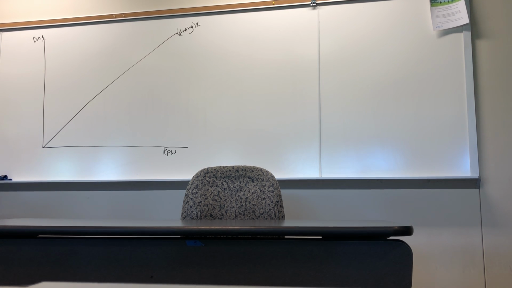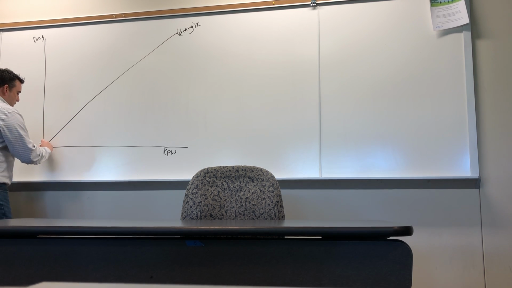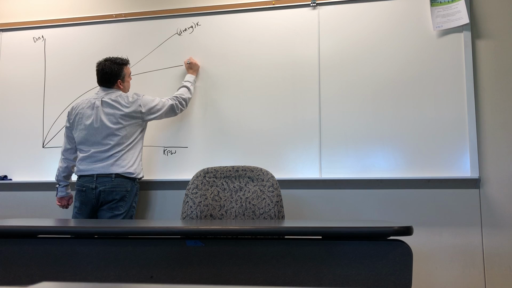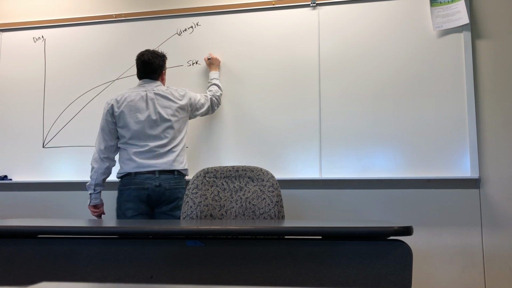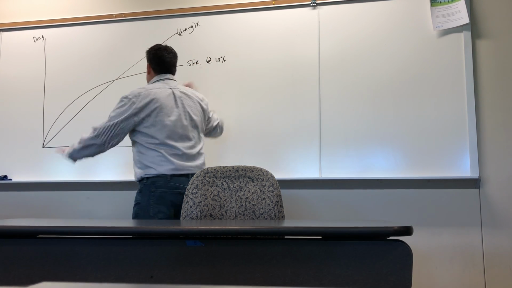For society? Actually, that's a different question entirely because in theory, isn't it possible that every single point on that decay function could be a steady state? In theory, we always have one steady state that we kind of start with. I always draw it here, here's SFK, and that's at some percent, 10% savings rate.